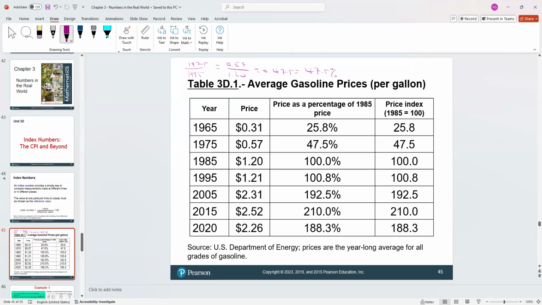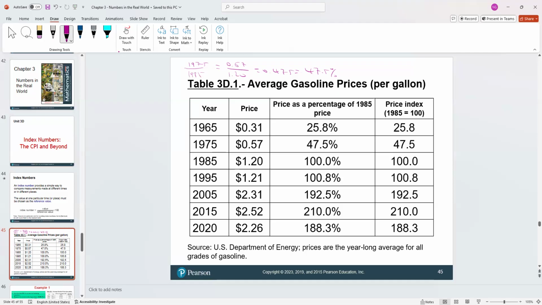So we notice that when you divide this, we find that the 1975 price was 47.5% of the 1985 price. So there's a significant rise on this. Similarly, for each of the other years, we can calculate all the prices as percentages of the 1985 price.